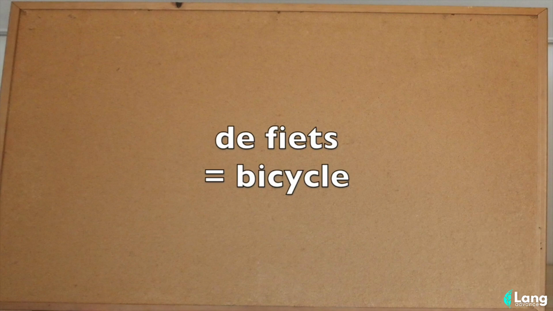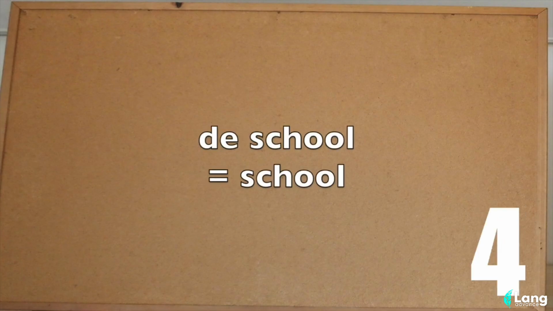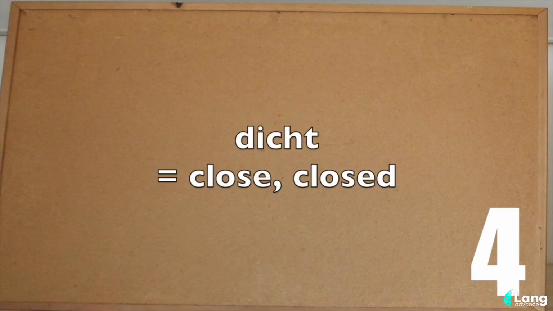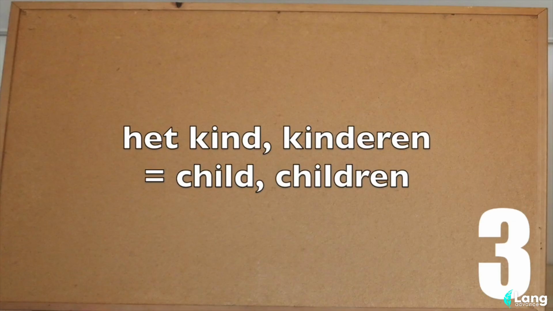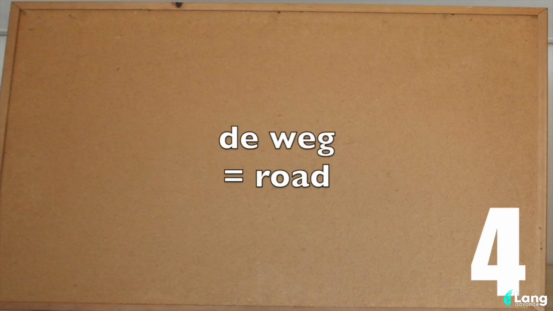De fiets is a bicycle. De school is a school. Dicht is close. Het kind, de kinderen, that's a special plural there. That's child, children.